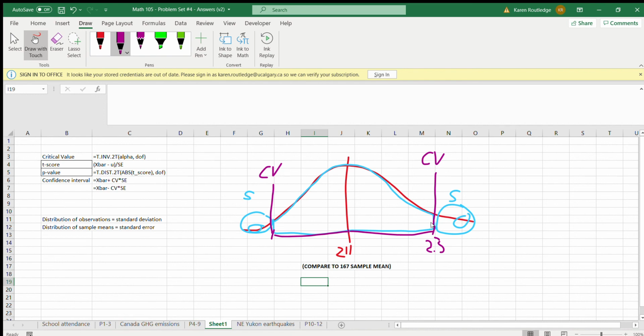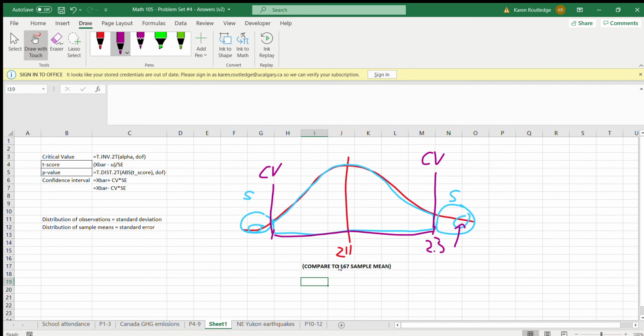So if our sample mean is more than 2.3 standard errors away from our population mean, meaning our sample mean is in here somewhere, then our sample mean falls in the rejection region, and we will reject the null hypothesis.